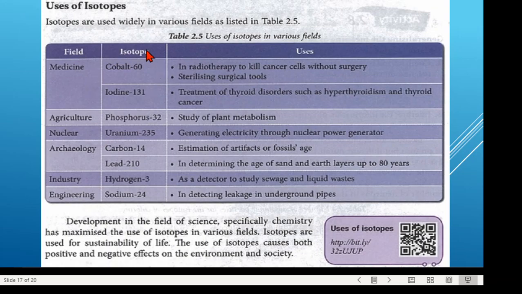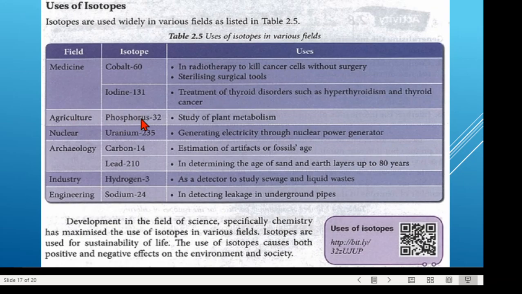In medicine, isotopes cobalt-60 and iodine-131. Cobalt-60 is used in radiotherapy to kill cancer cells without surgery and also to sterilize the surgical tools, the apparatus for surgery. Iodine-131 is used in treatment of thyroid disorders such as hyperthyroidism and thyroid cancer.